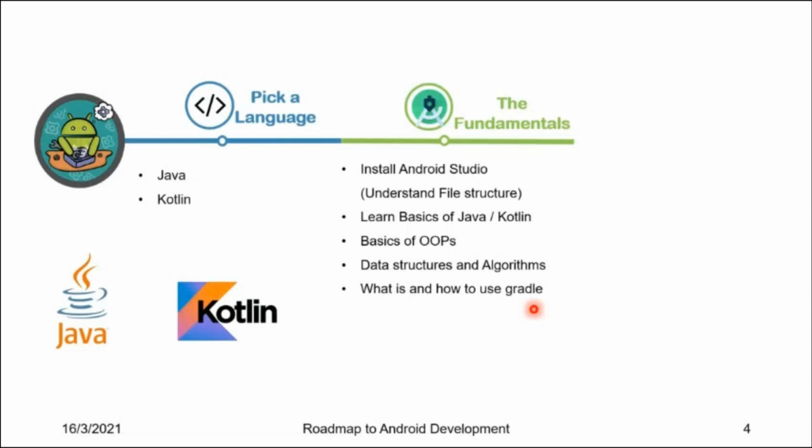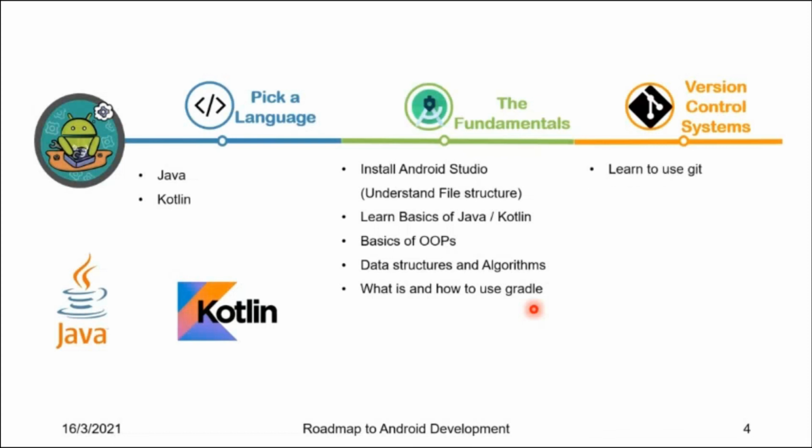Now, with fundamentals in our bag, what else? The next step would be to learn version control. If you don't know what version control is, it helps you manage your projects and apps in a better manner. In that, you need to learn how to use Git.